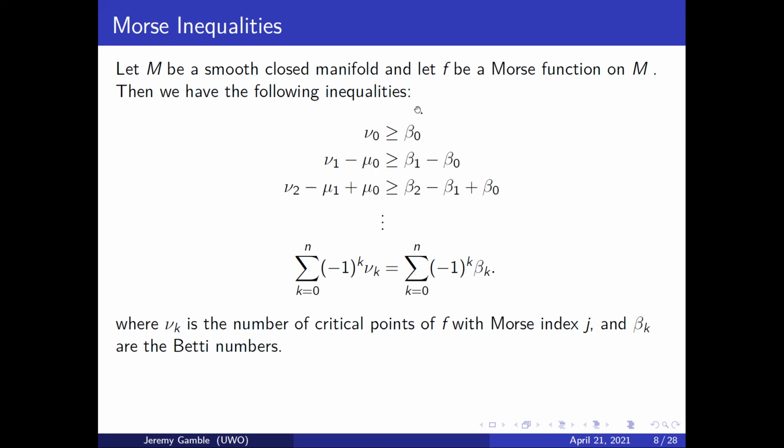And I wasn't sure if there's a way to prove that using this method, considering everything is de Rham cohomology. So we're missing out on that. Also, we're restricted to compact manifolds, where I think you can prove Morse inequalities more generally as long as your Morse function has a finite number of critical points. So there are some things that you don't get, but there's a lot of nice things you do get.